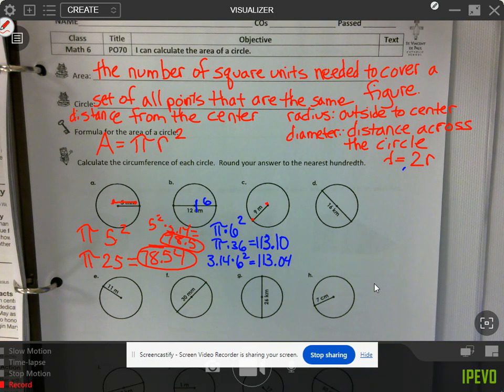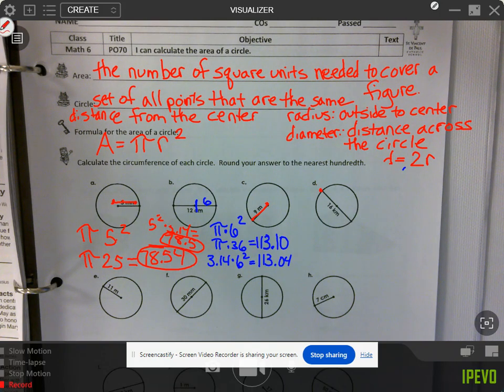For C, we have our radius. Whew, we can just use that number. But for D, is this my radius? No, it goes all the way across. So what do I have to do, Ava? You have to split it in half so it'll be 8. I have to divide it in half.